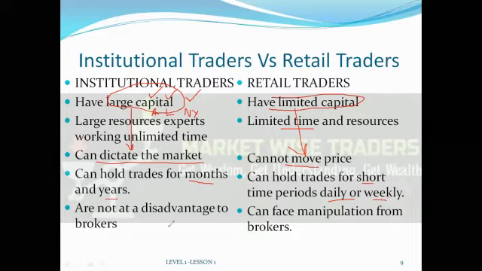Okay, and these guys are not so much at a disadvantage to brokers, whereas retail traders can be manipulated by brokers. That's why they want so many retail traders. That's why it's so easy for anyone to just open an account, because they know that you're going to lose your money. Why? Because you do not have that expert experience.